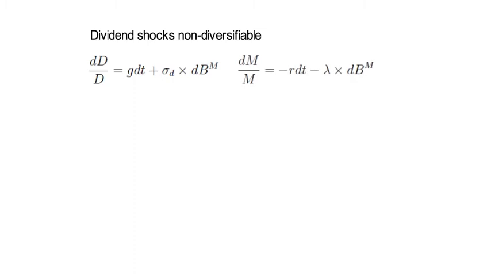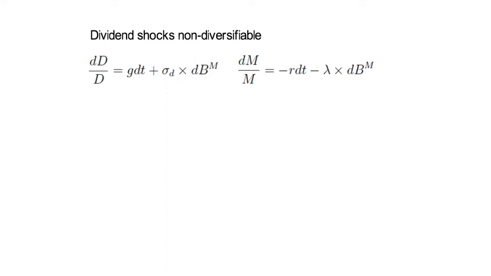Mathematically, we write that idea by these two equations. The first says the dividends are growing in expectation by G, and that we have sigma D, the volatility of the dividend stream, times the Brownian motion shocks to capture innovations to dividends.